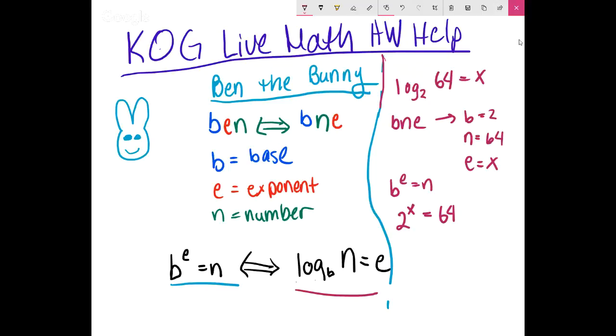So what number is the exponent? If you know that 2 to the 6th is 64, all you need to do is set the exponents equal to each other, and it'll be x equals 6. So 2 to the 6 equals 2 to the 6, and you're done.